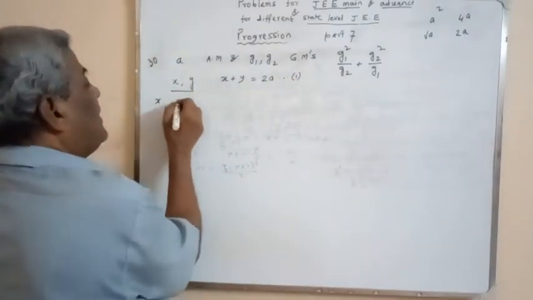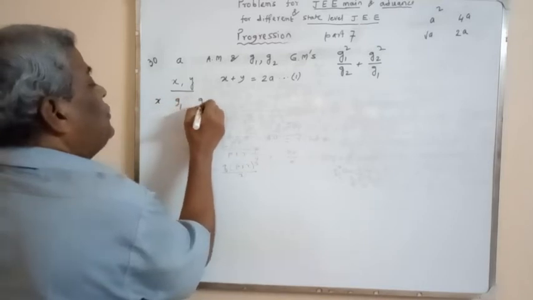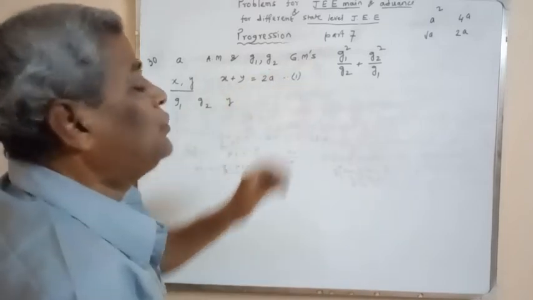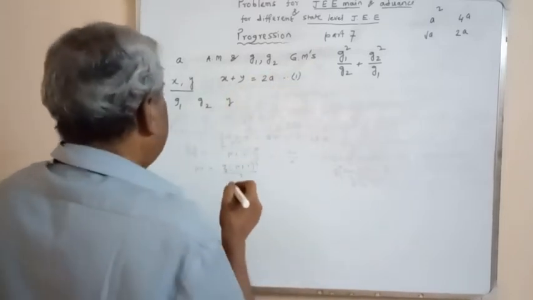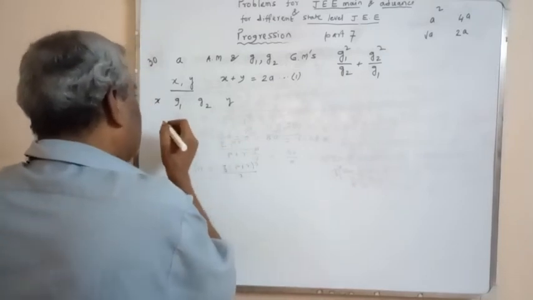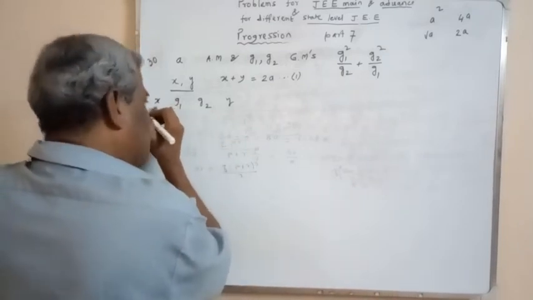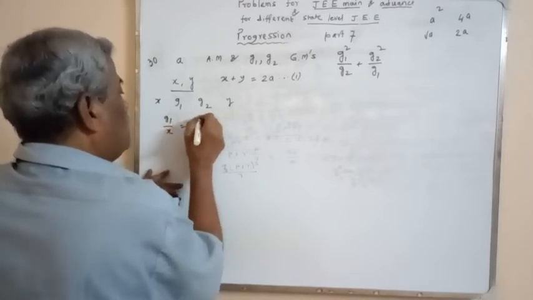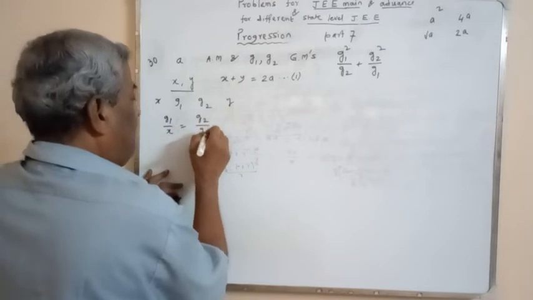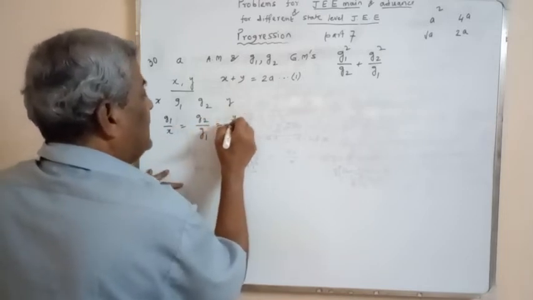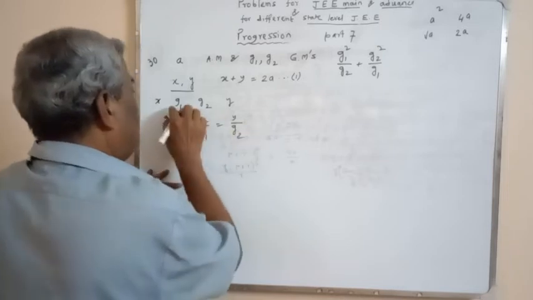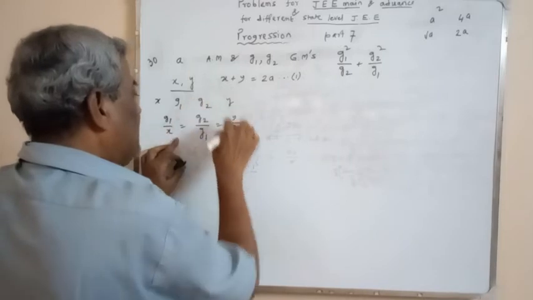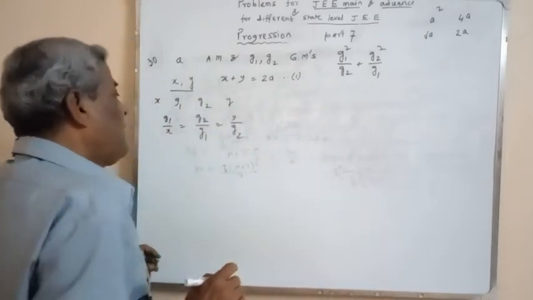Number two, between X and Y, G1 and G2 are two geometric means. So we must have a common ratio, that is G1 by X is equal to G2 by G1 is equal to Y by G2. They are all equal common ratios.